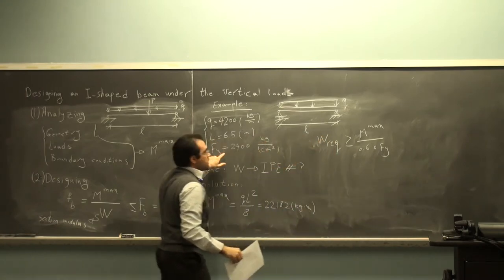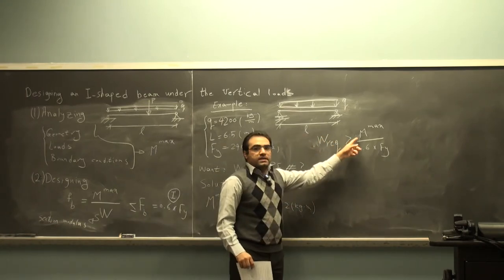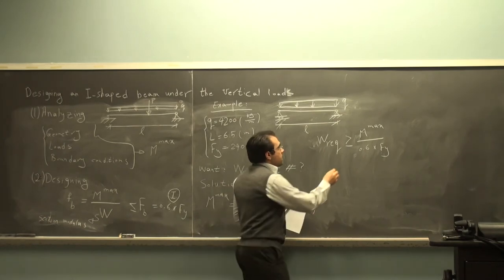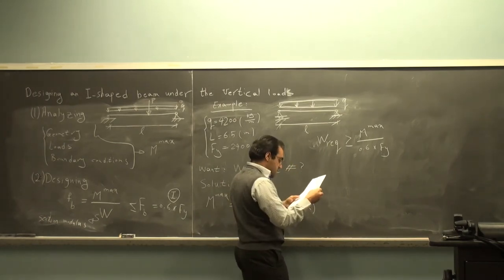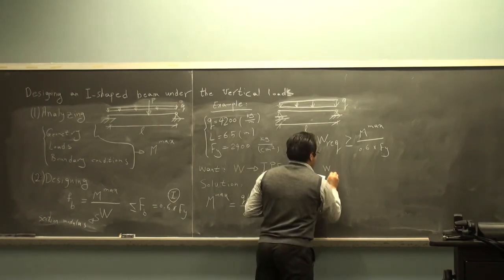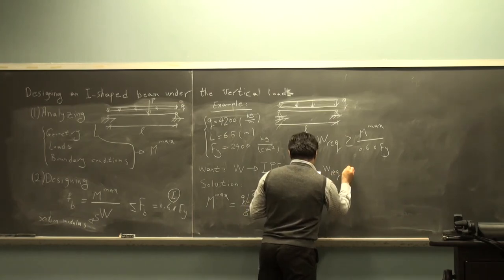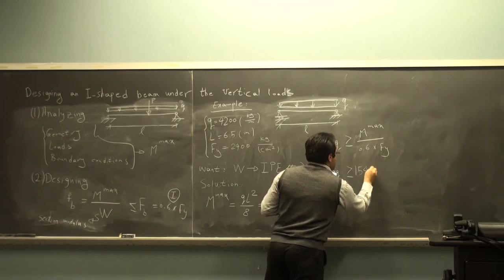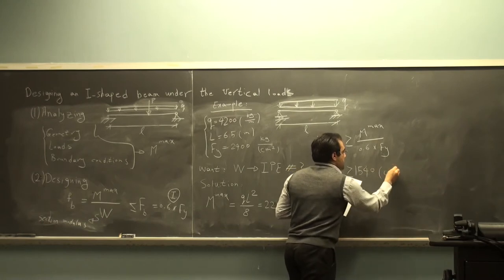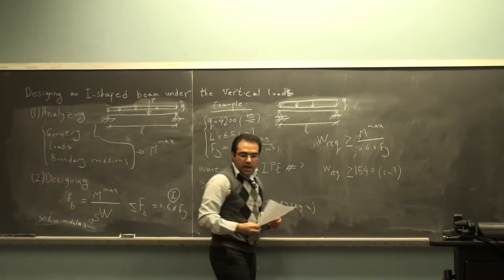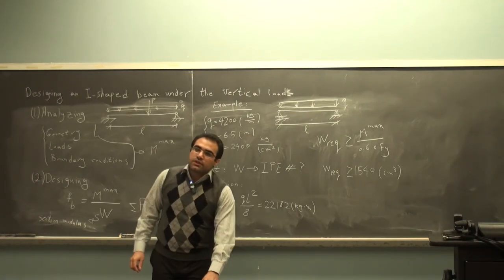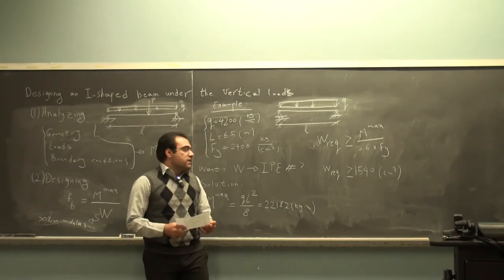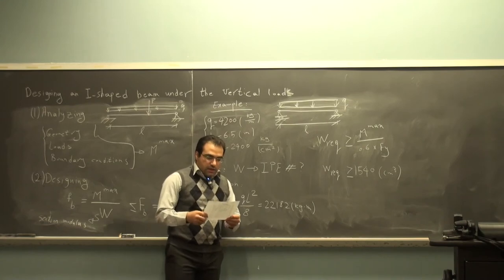FCY is given, and I calculated maximum M. So if we plug in all of these numbers here, we get this number, 1540 cubic centimeter. Now I have the W that is good enough and that's safe enough for this beam.